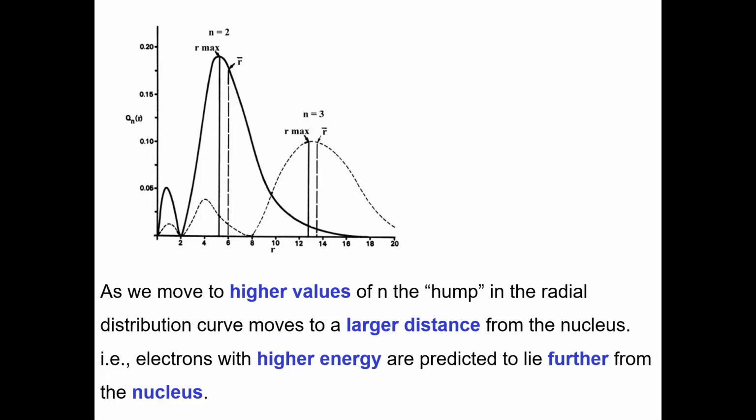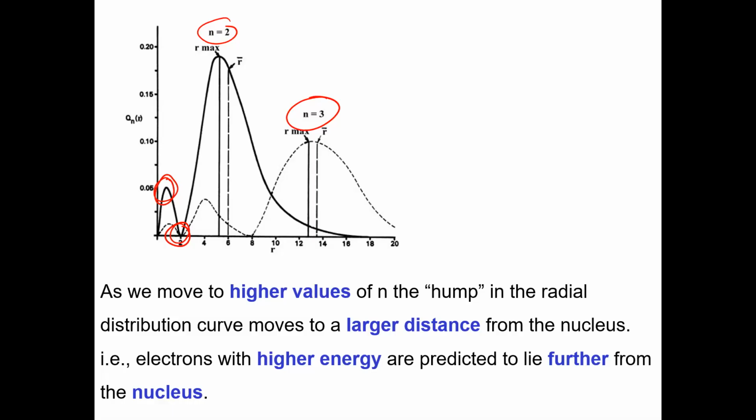So all of the curves that we've seen so far have been for the n equals 1 level. And now we're going to look at the curves for the n equals 2 and the n equals 3 level of the hydrogen atom. And you can see it kind of gets interesting. The solid line is n equals 2, and there are some interesting features here. First of all, there's a point where the probability of finding the electron drops to 0.